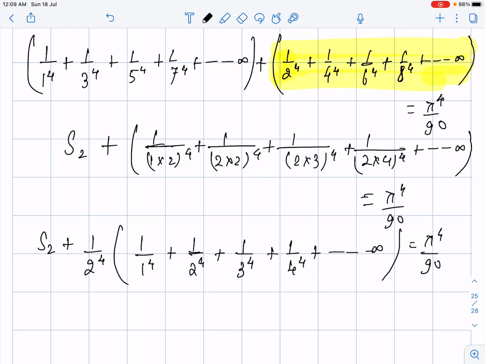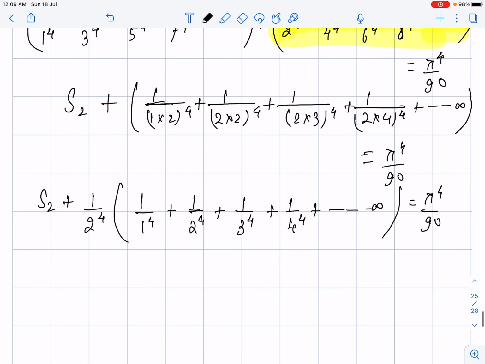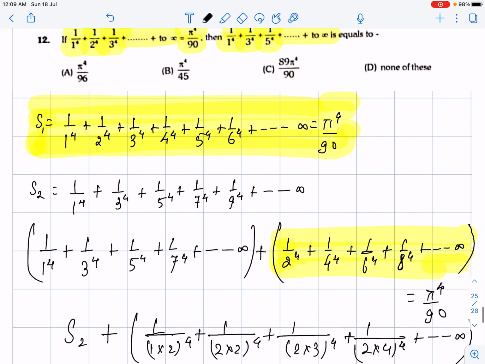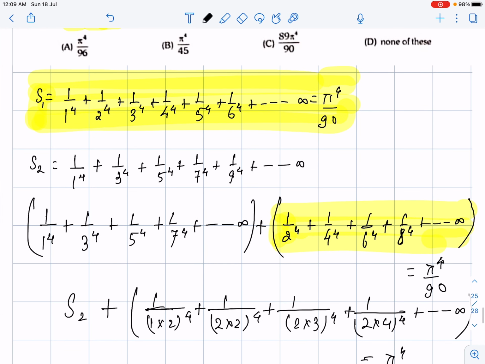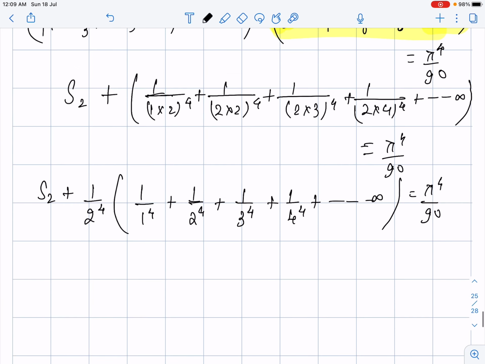Now again I would have to separate out the odd things and the even things, because we are getting the same sort of series. But we need not do anything, guys. We have the value of S1 over here, and S1 itself we are getting over here. Hope you guys have got my point. So we may write S2 plus S1 upon 16 is equal to pi power 4 by 90.